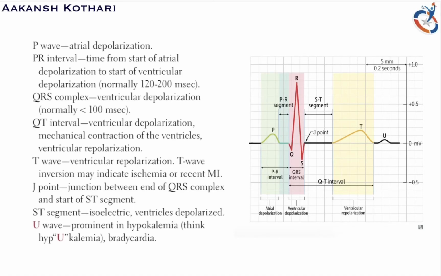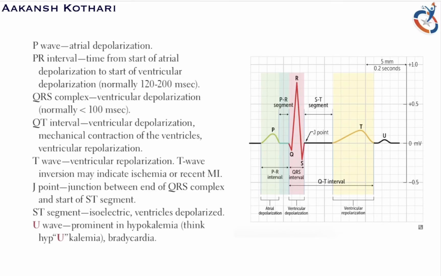So there is ventricular depolarization, ventricular contraction and ventricular repolarization. Is this clear? The T wave signifies ventricular repolarization, the QRS complex signifies ventricular depolarization, and the ST segment signifies contraction of the ventricles.